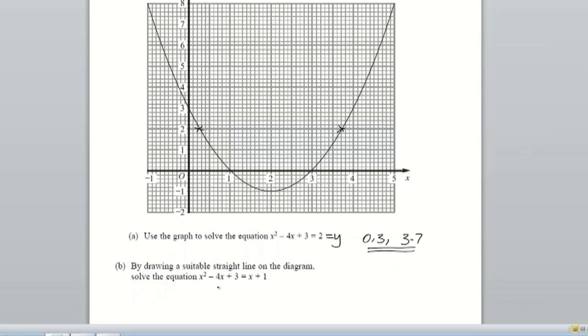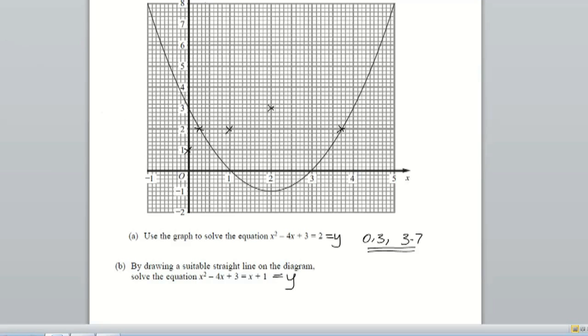By drawing a suitable straight line on the diagram, solve the equation x squared, take away 4x plus 3, which is the equation of the curve, equals x plus 1. So again, y equals x squared minus 4x plus 3 is the curve. What we have to add on to it is the line y equals x add 1. It goes through 1, 2, it goes through 2, 3, and that's enough points.